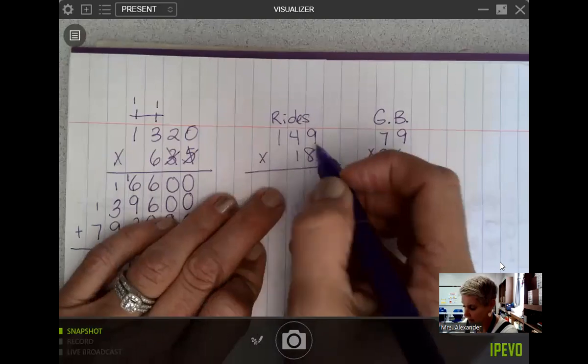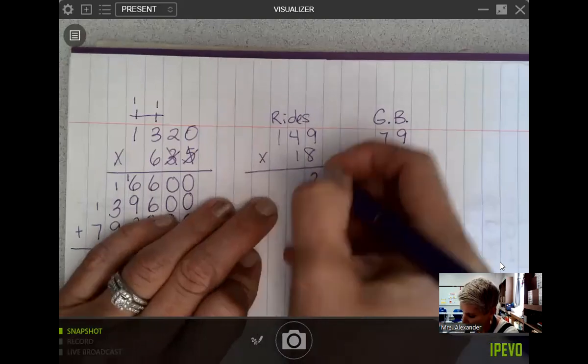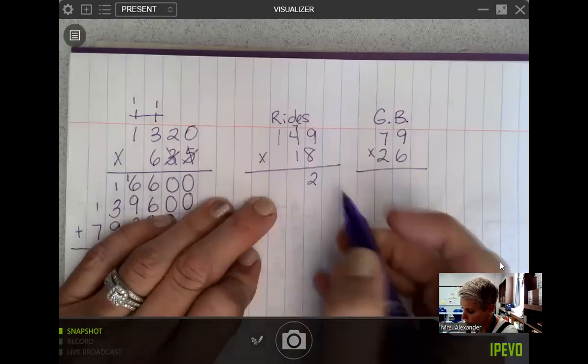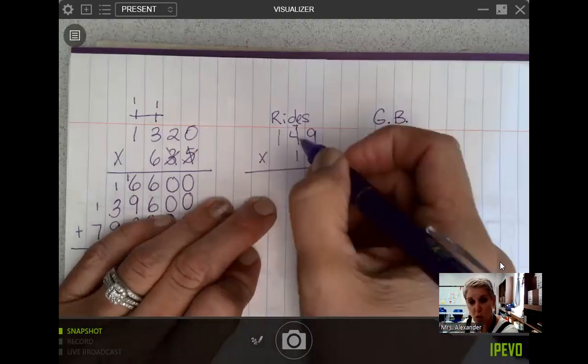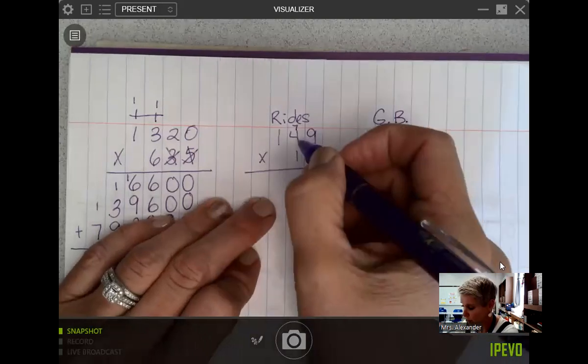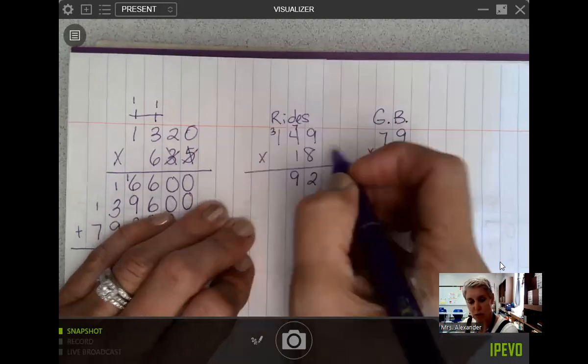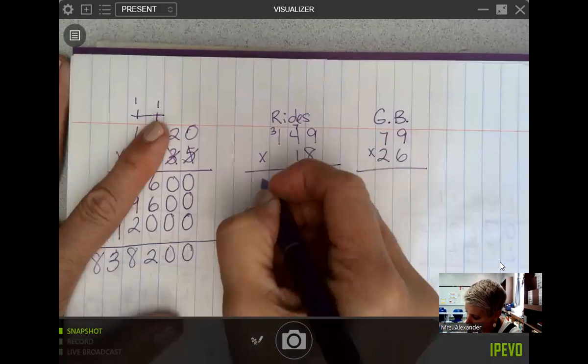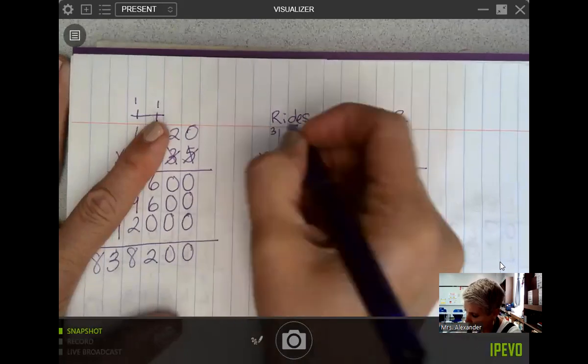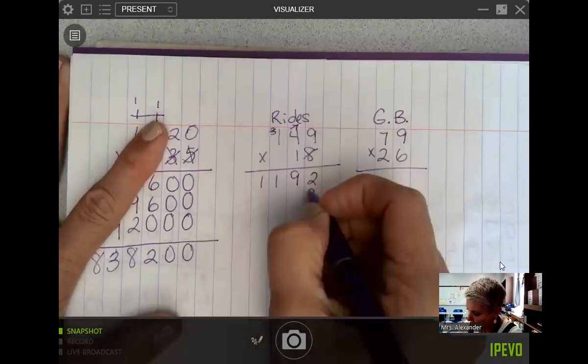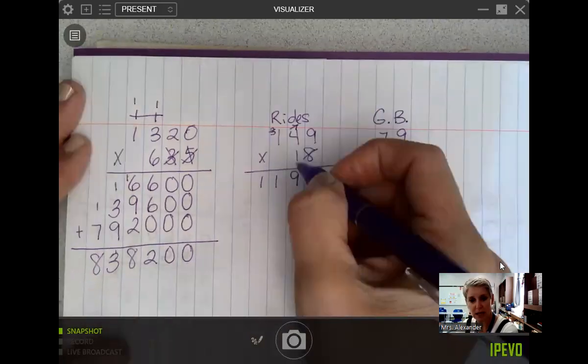8 times 9 equals 72. I wrote rides too close. 8 times 4 equals 32 plus 7 equals 39. And 8 times 1 equals 8 plus 3 is 11. We're finished with the ones place. Oh, we're multiplying by a 1.